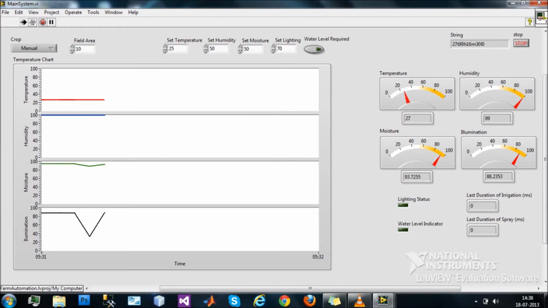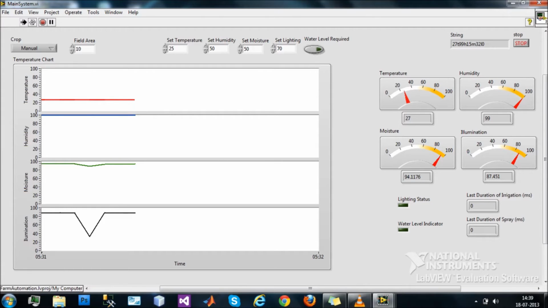Here we can also notice that the status of the artificial lighting system is turned on during the same period. This is because the light intensity had gone below the set value during this period. Similarly, the variations in other parameters will affect the output of the system based on a fuzzy algorithm.